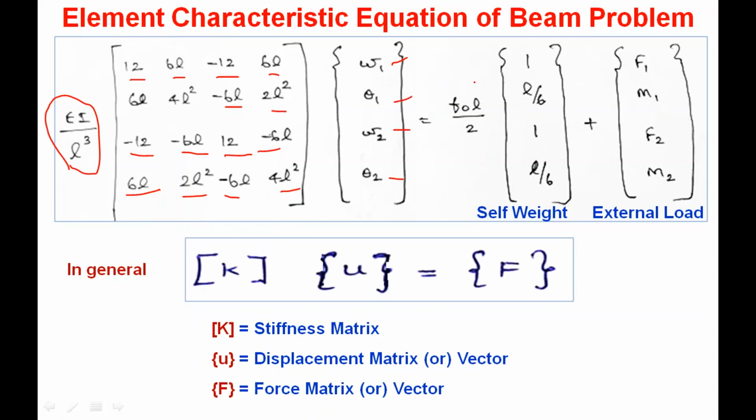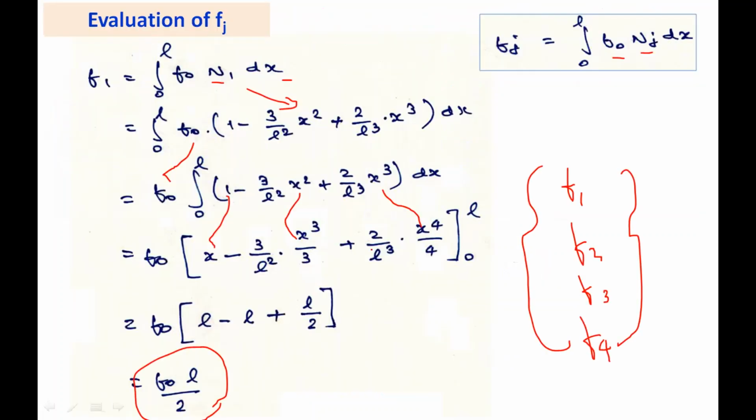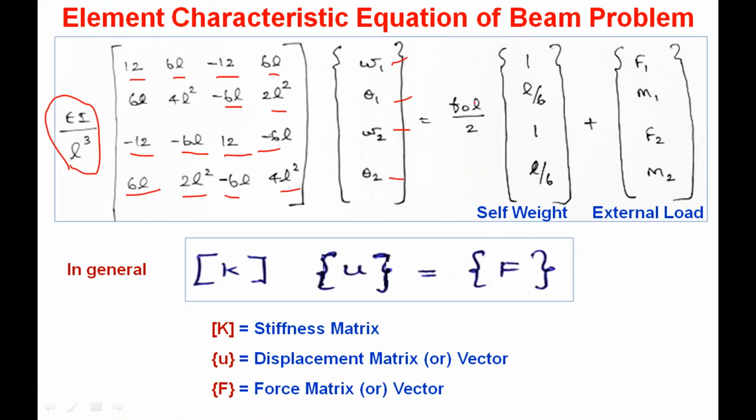Coming to the right hand side, we are getting the F0 L by 2. So for the second term also we will get this as common. That is why we are getting F0 L by 2, 1, L by 6, 1, L by 6, plus the boundary terms. So boundary terms are the shear force and the moment. So F1, M1 for the node 1, F2, M2 for the node 2.